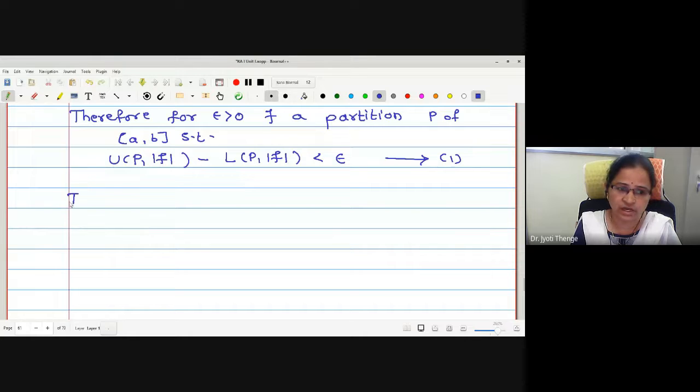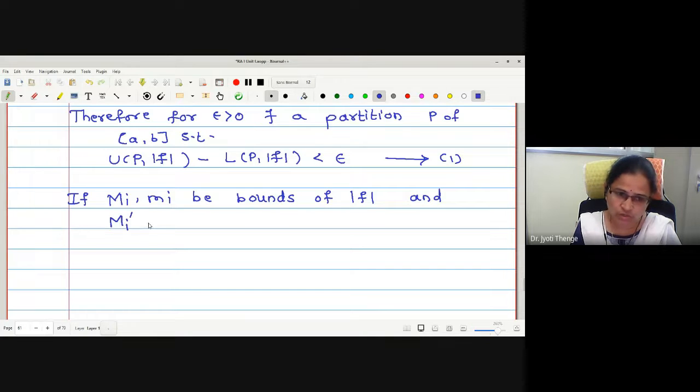Now let us write the bounds so that we can establish the relation between them. I am going to write capital Mi and small mi as the bounds of mod f, and capital Mi dash and small mi dash as the bounds of f square in the ith subinterval.